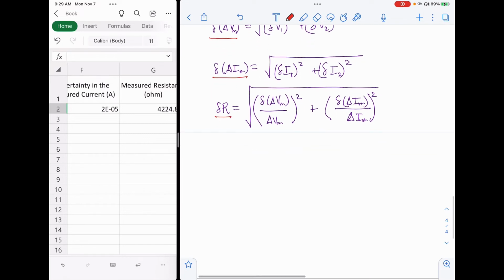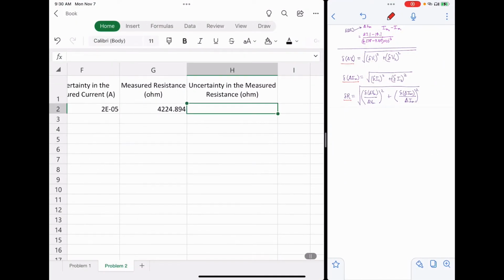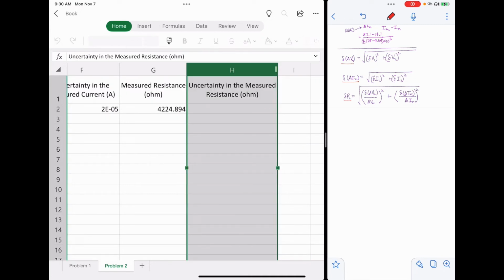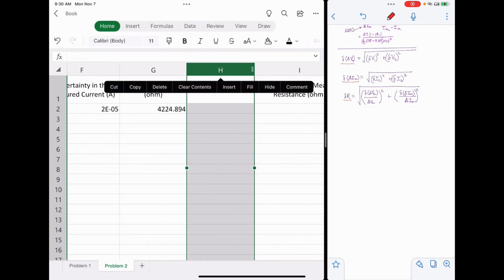Okay. So let's go ahead and put this into Microsoft Excel. I won't close that all the way down, so I can leave it open. So we have the uncertainty in the measured resistance. I need to insert a couple of columns.